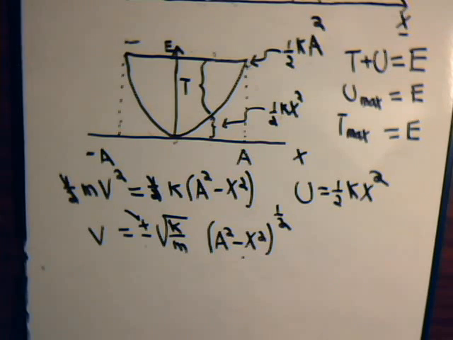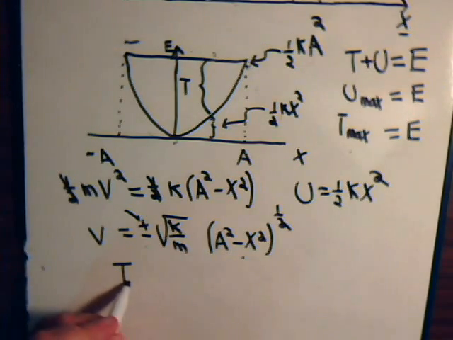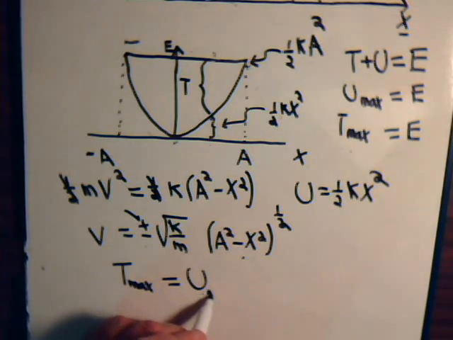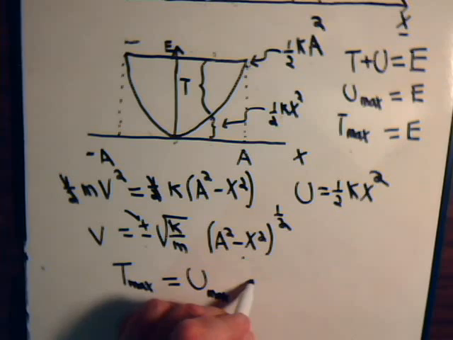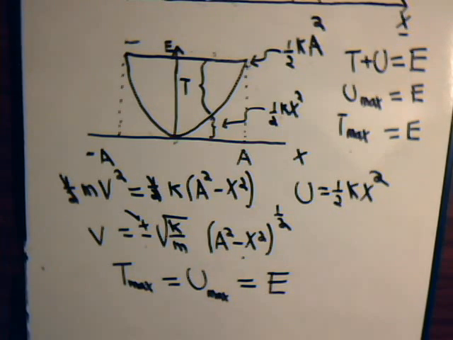We have now from here that the maximum kinetic energy equals the maximum potential energy, which equals the total energy of the system. Now, why is that true?